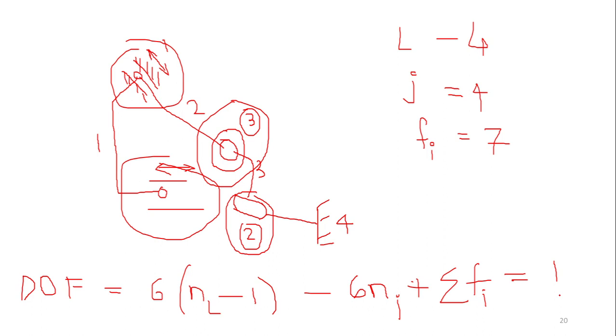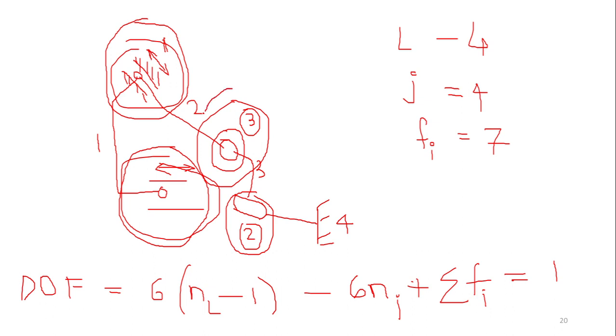Sir, please explain the Fi 7. How can we get 7, sir? Okay. So this is link 1, which has a translational degree of freedom, that is only 1. Joint 2 has a translational degree of freedom, that is 1.